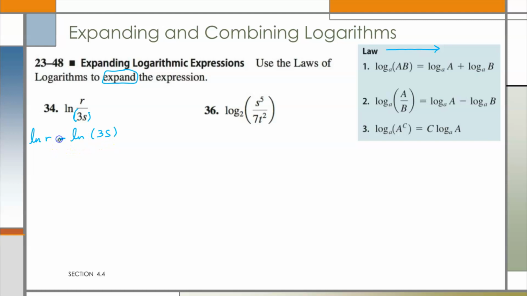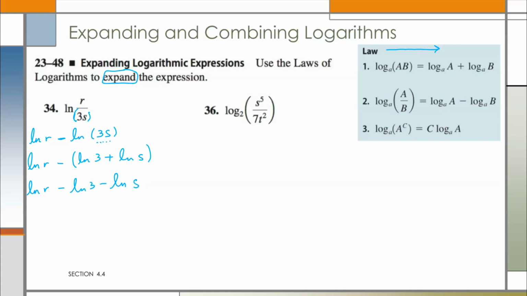So the 3 and the s belong to this minus. Then I go to law 1. What does law 1 say? Law 1 says if this is multiply, I can separate these with addition. And then if I distribute that negative, this would be considered completely expanded.